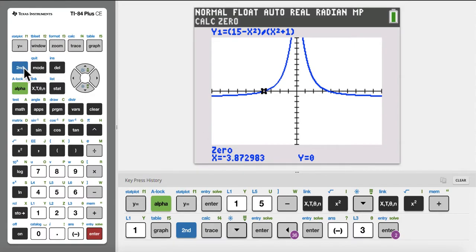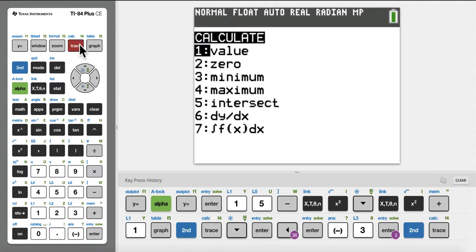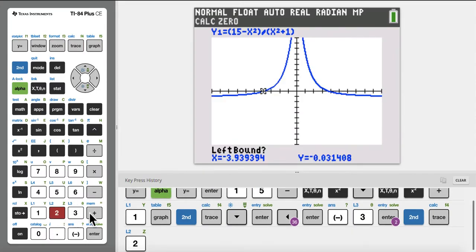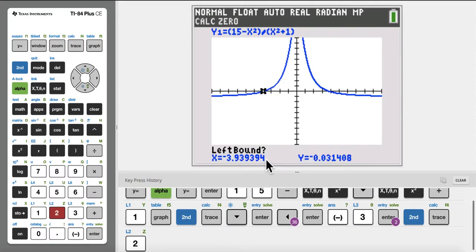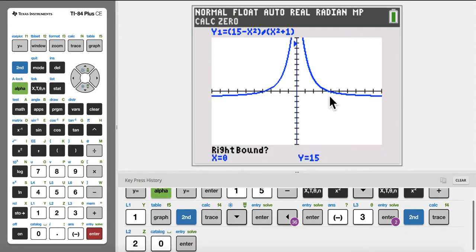Let's quickly review those steps to find the 0 that's on the right side. So we're going to go second and Calc. We want to find the x-intercept, which is a 0, so we go to number 2. You can also just type in number 2. Down at the bottom, it asks for a left bound. Since I want to find the positive x-intercept, on any number to the left of that, even 0 would work.